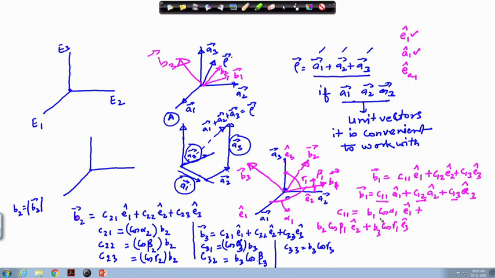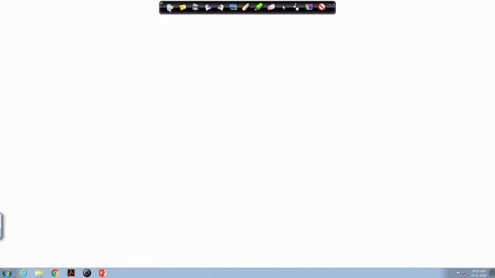Okay, so we have described the whole thing in terms of the direction cosines.